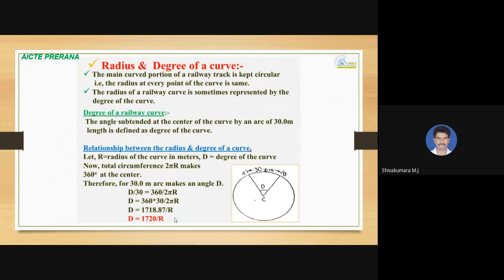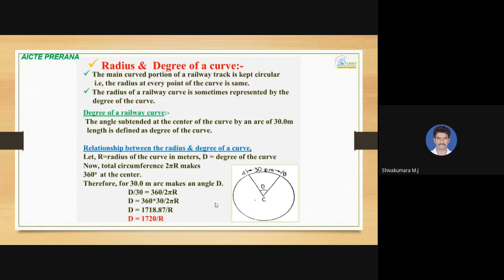And then radius and degree of curve. The main curved portion of a railway track is kept circular, that is, the radius at every point of the curve is the same. So the radius of a railway curve is sometimes represented by the degree of curve. You can see here the relationship between radius and degree of curve.